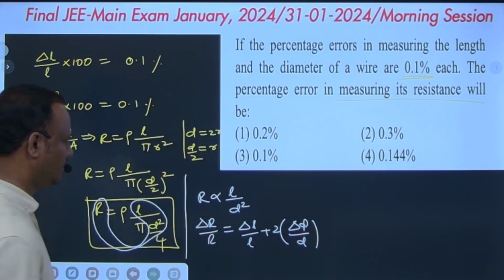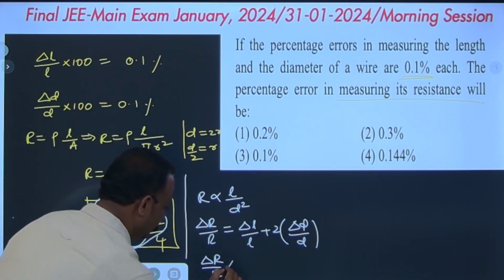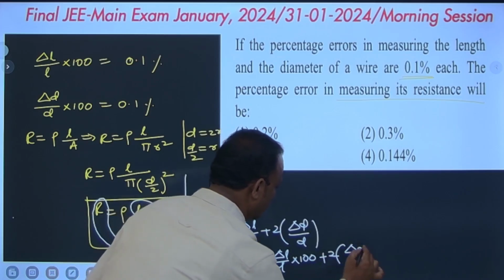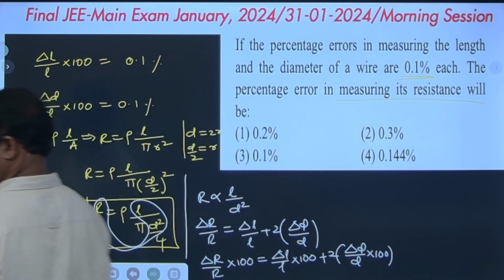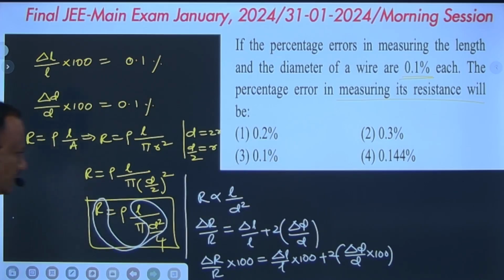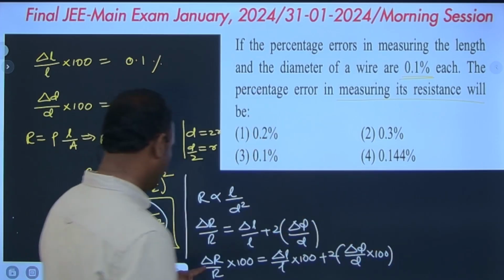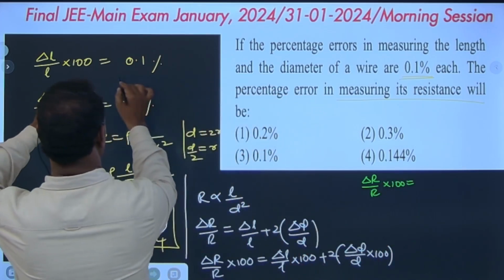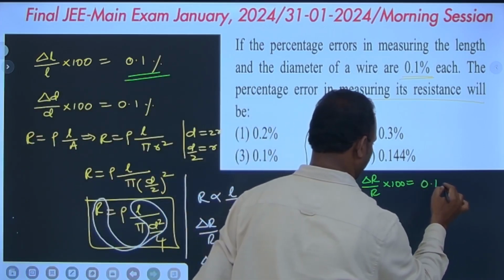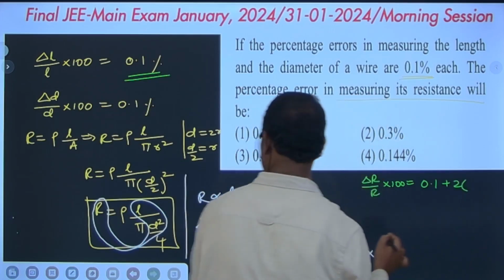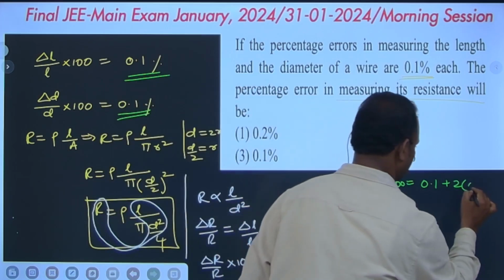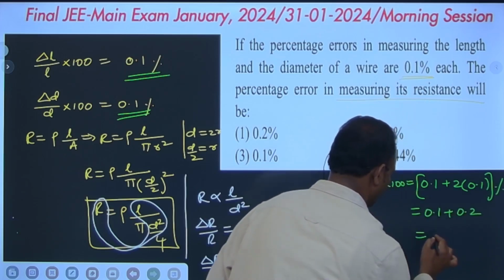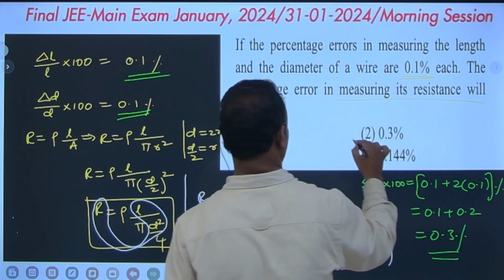For the maximum possible error, delta R by R into 100 is equal to delta L by L into 100 plus 2 times delta D by D into 100. Now delta L by L into 100 is 0.1%, plus 2 times delta D by D into 100, which is again 0.1%. So we write 0.1 plus 0.2, 0.3% is the answer. Your answer is 0.3%.